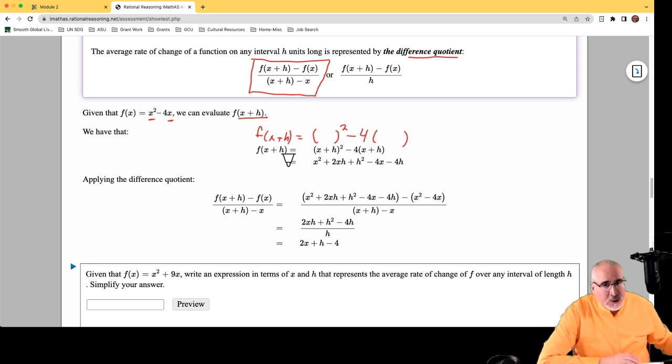If you don't do that, the difficulty you're probably facing, without realizing it, is that your mind is saying you can't just take x plus h and put it in for x, because there's an x and that's an x. Aren't they the same thing?